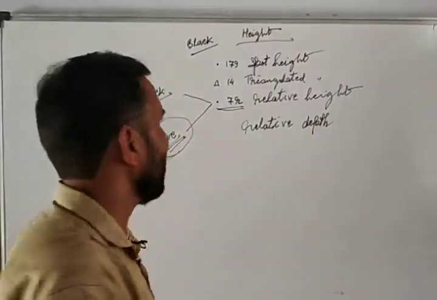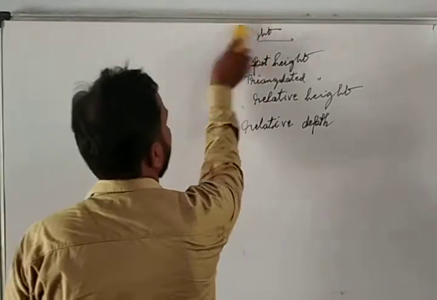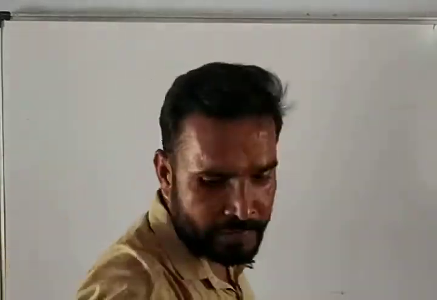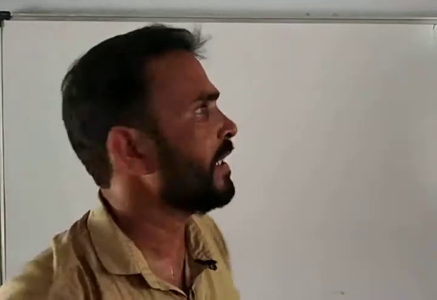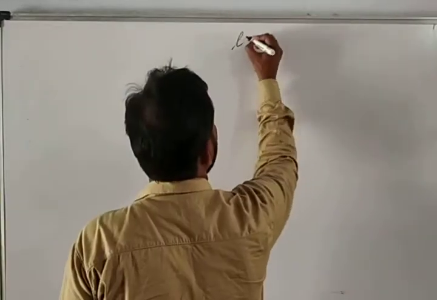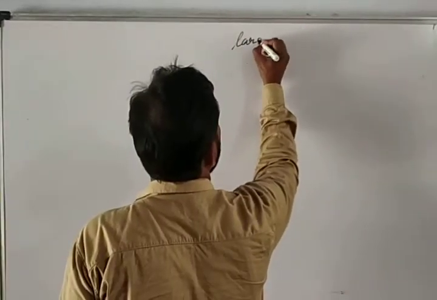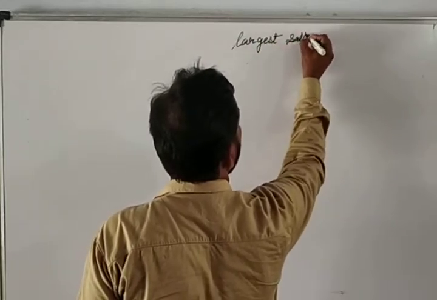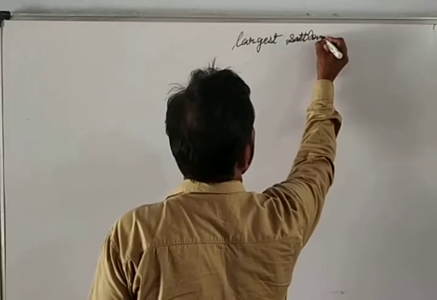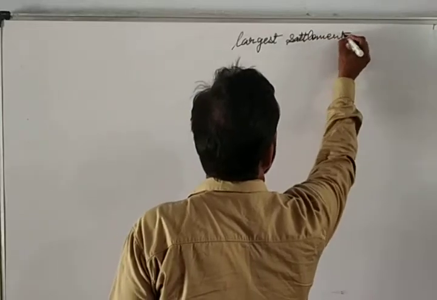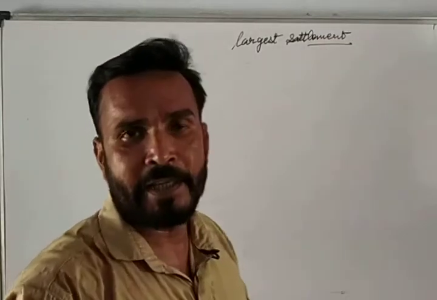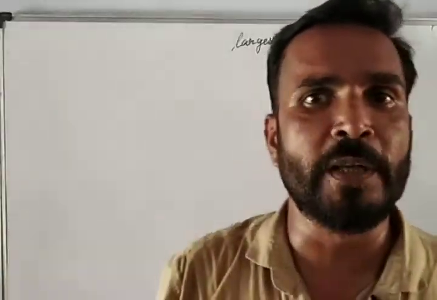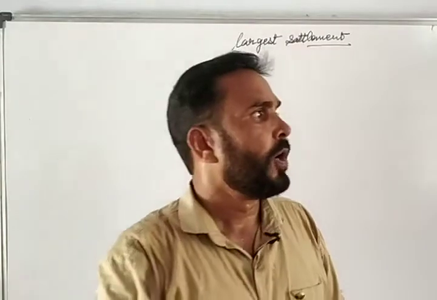One more thing that I had left is about the settlement. One more question comes about the settlement, which is the largest settlement. If they are asking which is the largest settlement shown in the map, how will you do it?